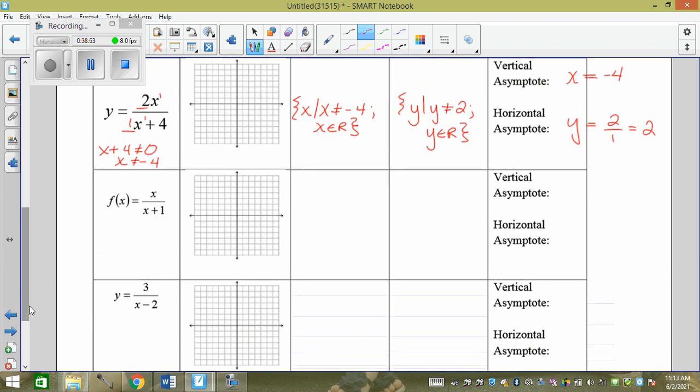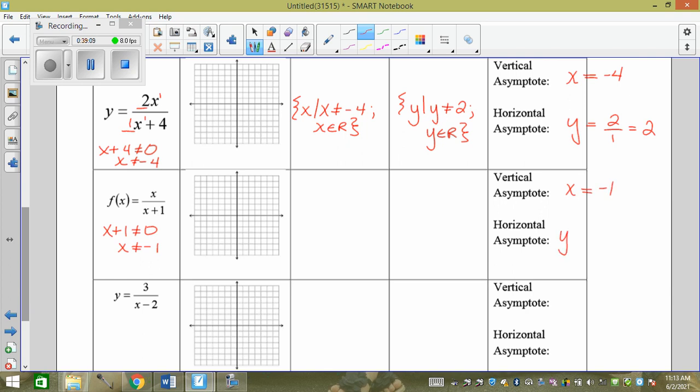This one, my NPV is x plus 1 cannot equal 0, x cannot equal -1. It's not a reciprocal function, it's a rational, because reciprocal has to be 1 over the function. So my vertical is x equals -1.